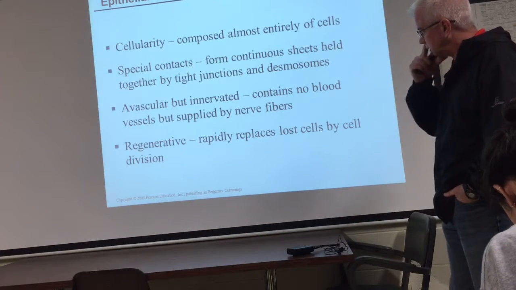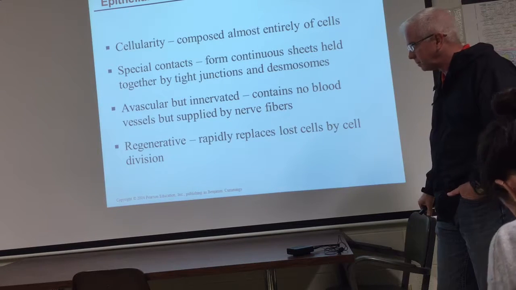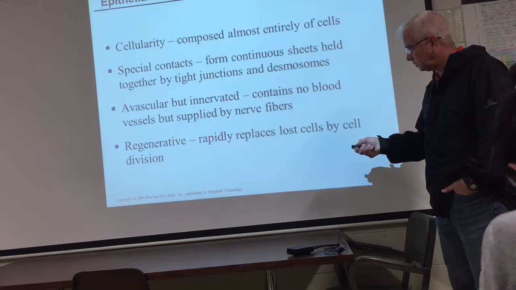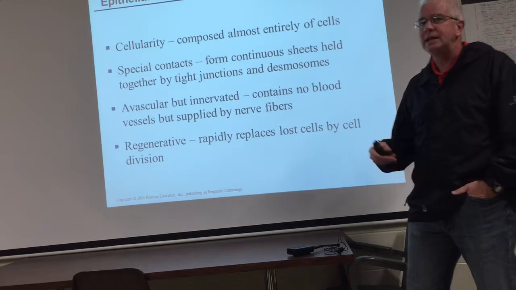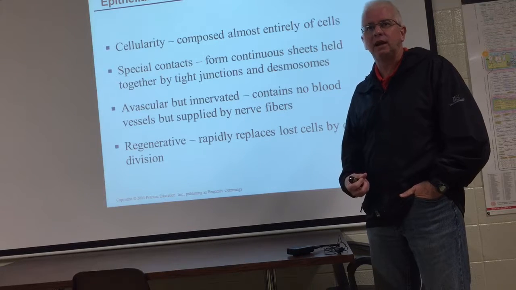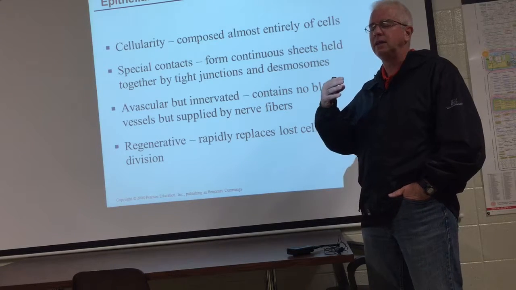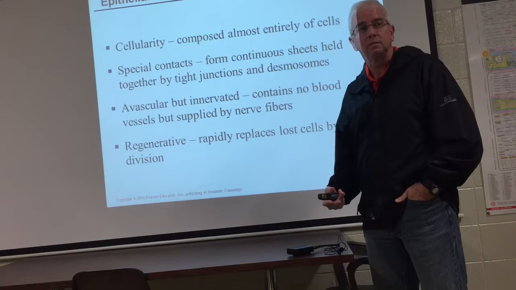Last characteristic here is these tissues are highly regenerative. That is, cells are rapidly replaced whenever they are lost. The easiest illustrations for this are the linings of the insides and outsides, the lining of the insides of the tubes within us and the outside of our skin.